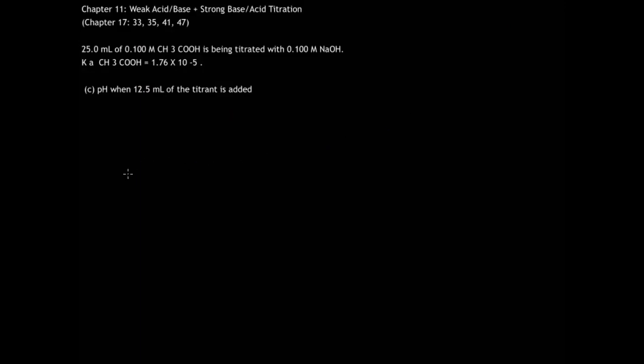All right, part C. I'm asking you to tell me what the pH of the solution is after you've added 12.5 milliliters of the titrant, aka the sodium hydroxide. So I've kind of gotten rid of the steps because we're doing the same thing over and over again. So we are adding acetic acid, weak acid, with strong sodium hydroxide to get salt and water.